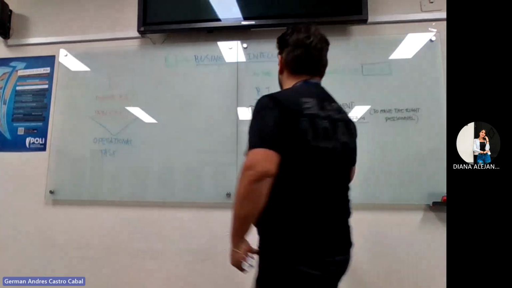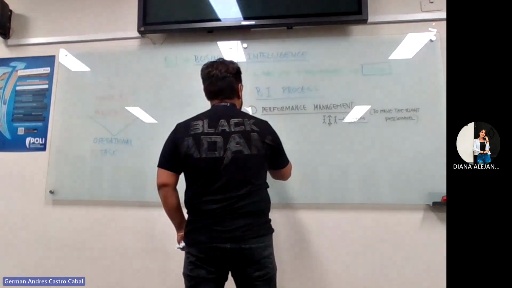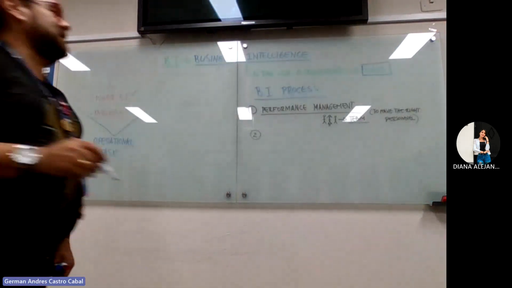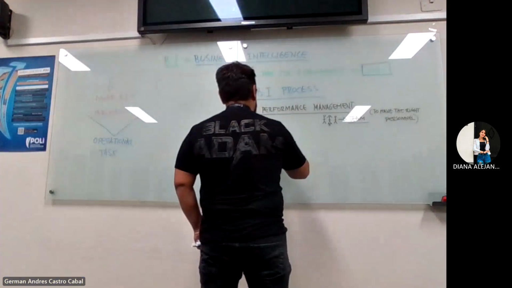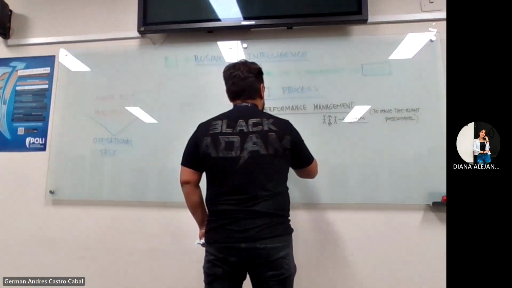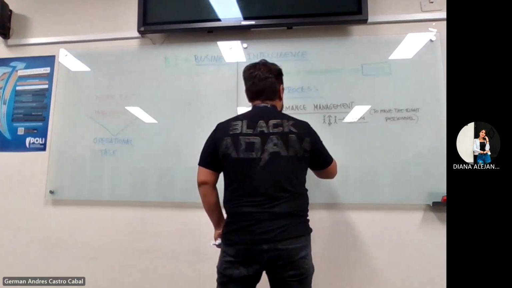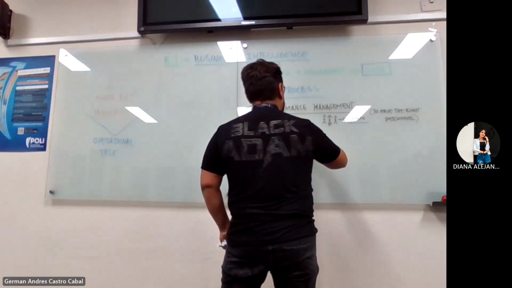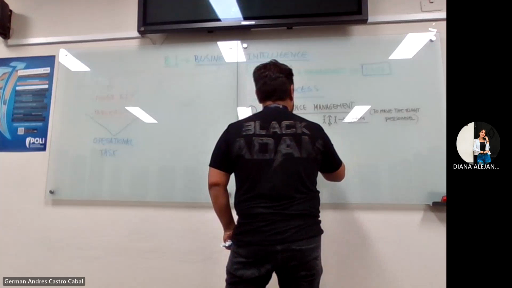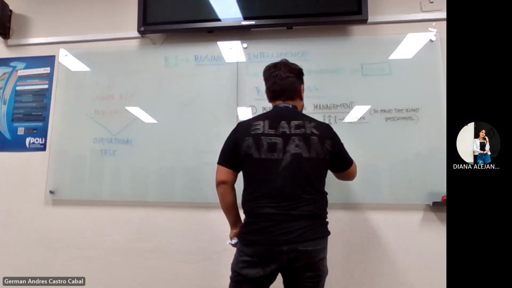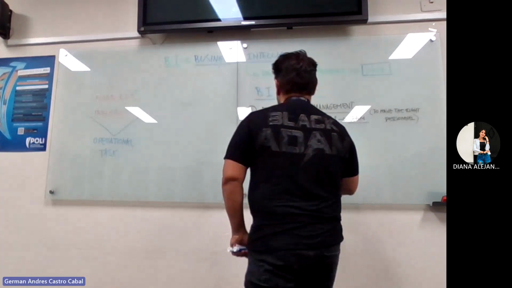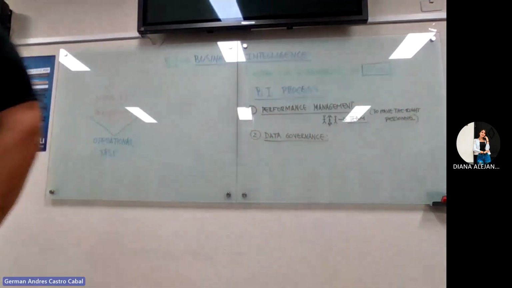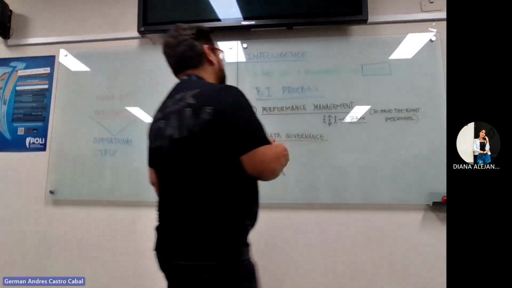The second step within the BI process is called data governance. Data governance talks about the understanding and communication of data.